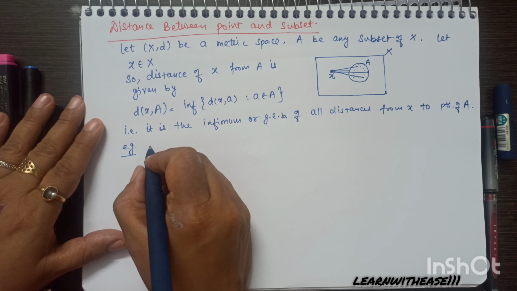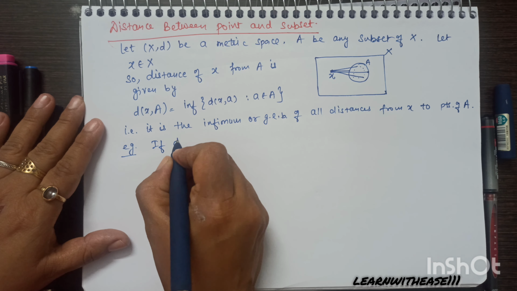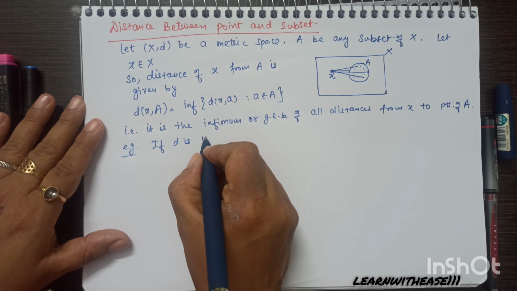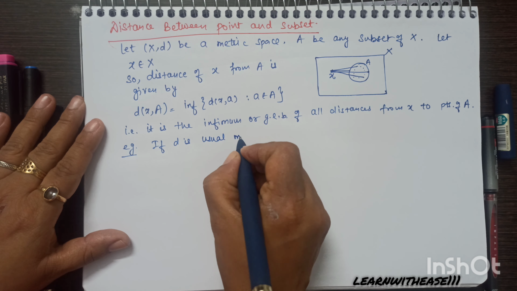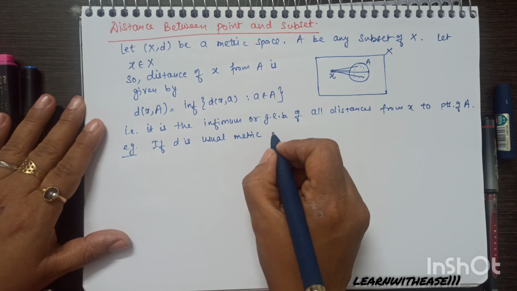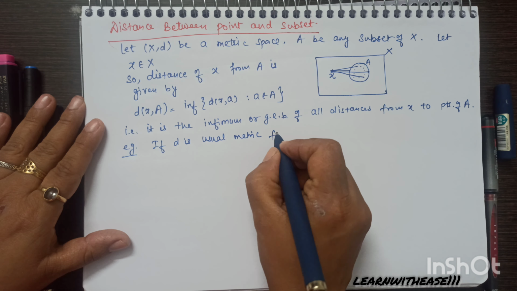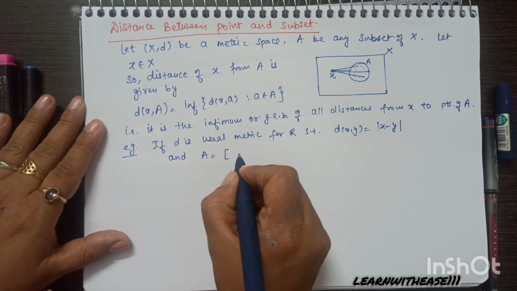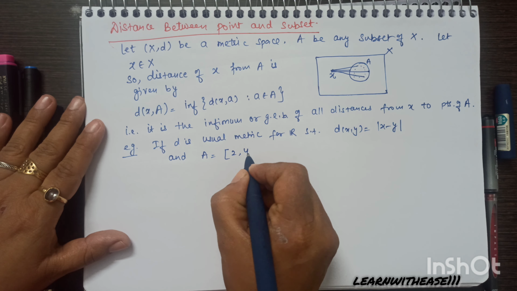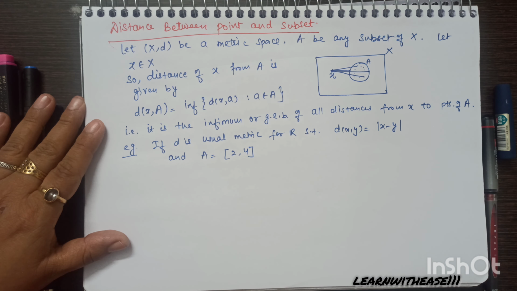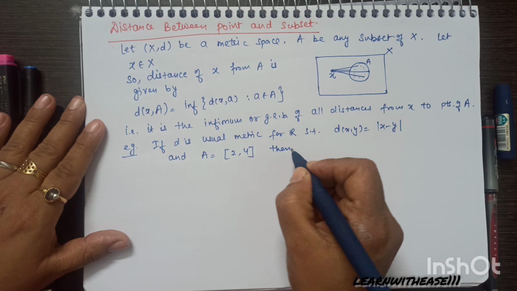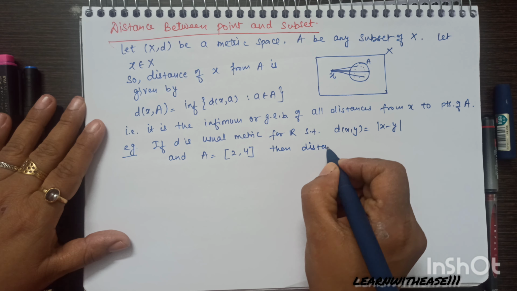Now for example, if d is the usual metric on R such that d(x, y) equals modulus of x minus y for each and every x and y of R, and A is any subset inside the metric space R. Suppose A is the closed interval [2, 4].